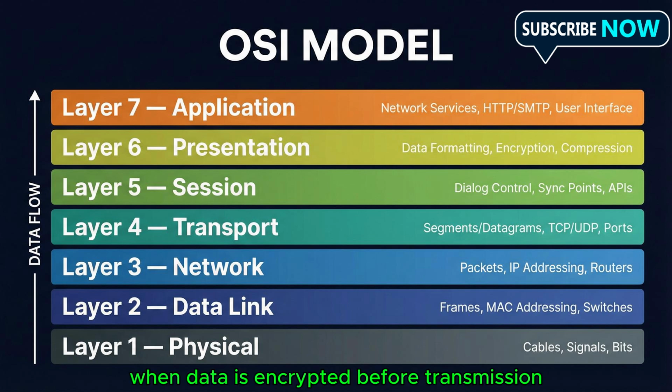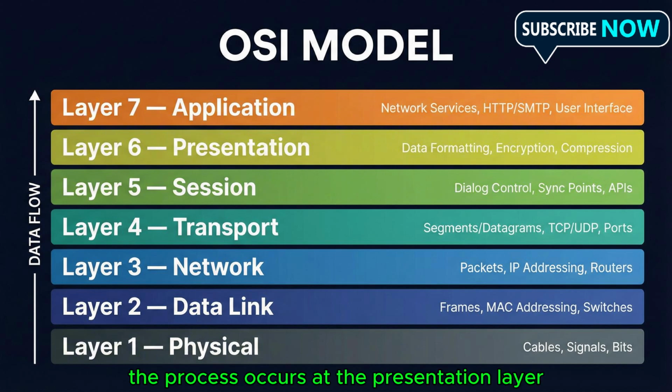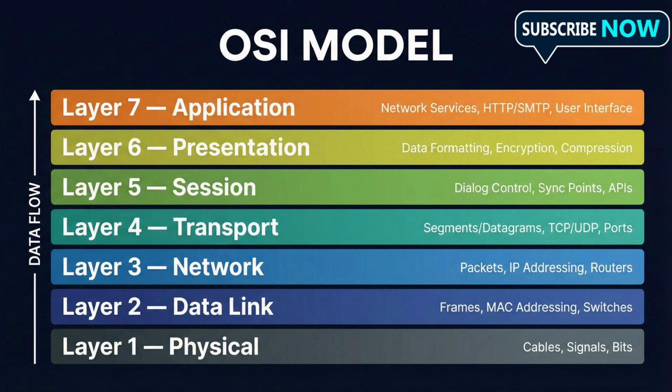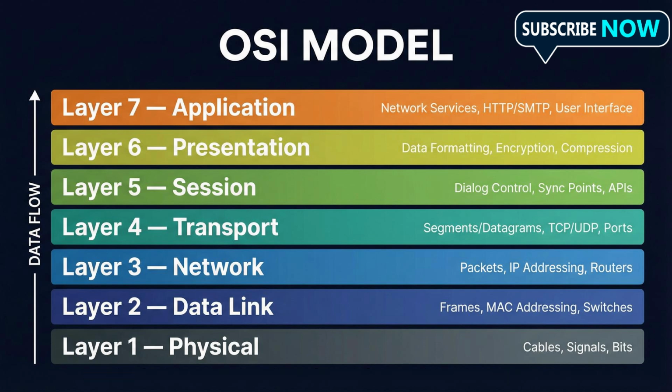When data is encrypted before transmission and decrypted upon receipt, the process occurs at the presentation layer. SSL and TLS, the protocols that secure HTTPS connections, operate at this layer. Think of the presentation layer as a translator. It ensures that what is sent and what is received are understood in the same way.